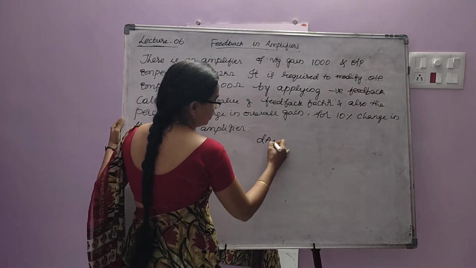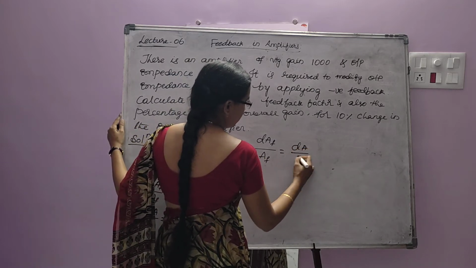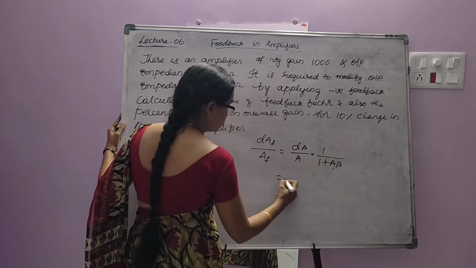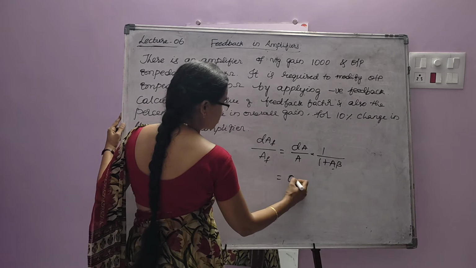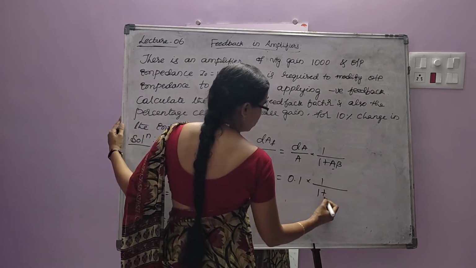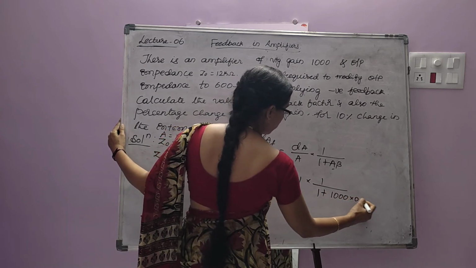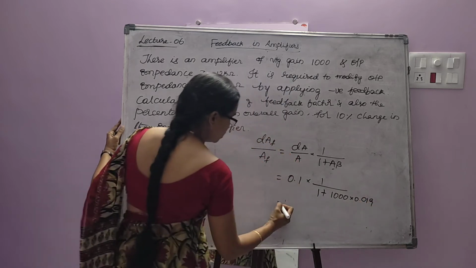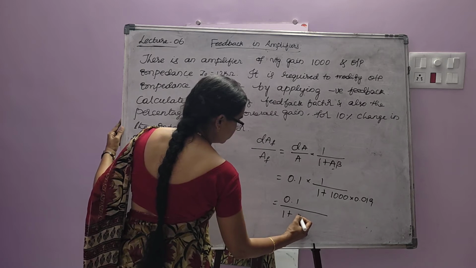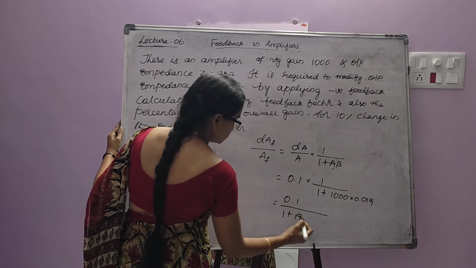We have a formula, dAf by Af is equal to dA by A divided by 1 plus A beta. dA by A is given, that is 0.1, 10%, divided by 1 plus A beta, with A 1000 and beta 0.019. So 0.1 divided by 1 plus 19, that is 20.